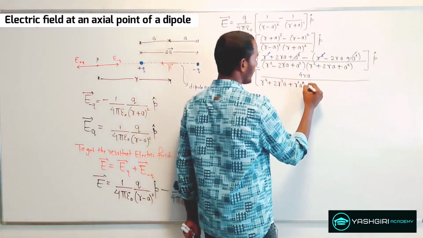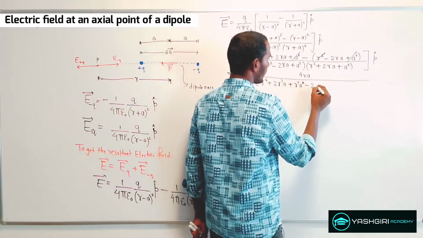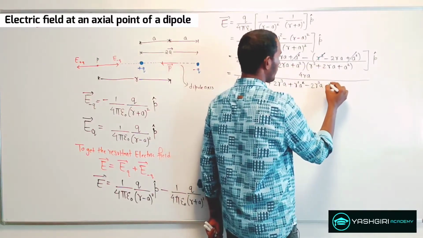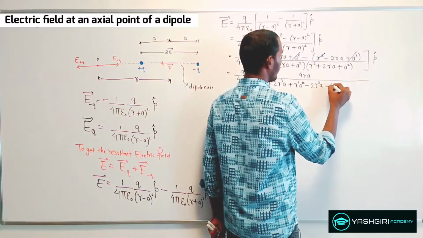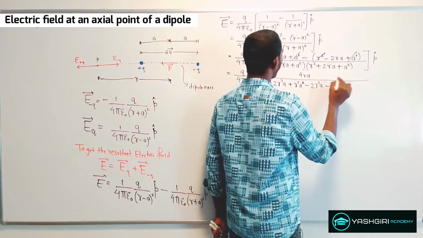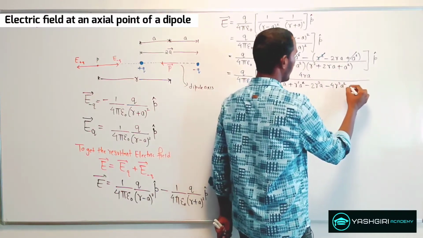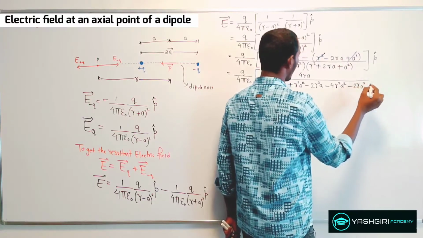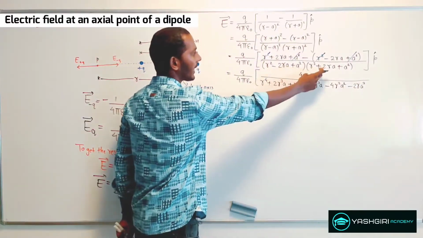Again if I multiply this, minus 2R cube into A, it will be minus into plus, minus 4R square A square, and here you will be getting minus 2RA cube. So that's the second term I am multiplying with this.